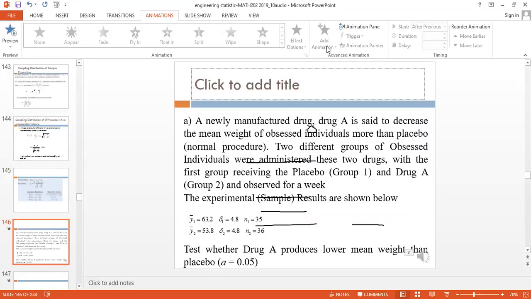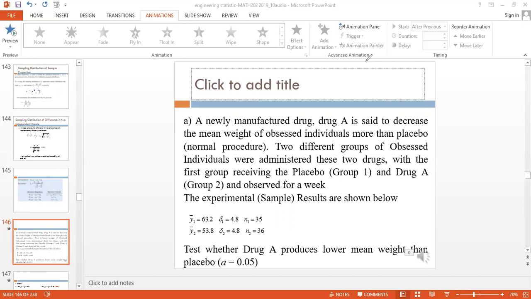So we have an example here. Let me clear the screen first. It says a newly manufactured drug A is said to decrease the mean weight of obese individuals more than the normal procedure. Two different groups of obese individuals were administered these two treatments, with the first group receiving the normal procedure or the placebo.